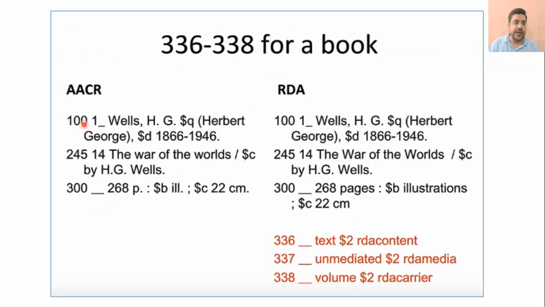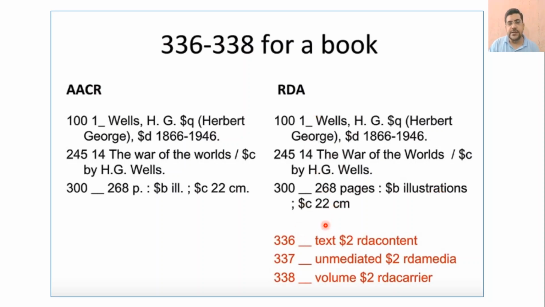Okay, let me tell you, here we have one record according to AACR2. We can see this is the author, and this is the title, and then we have the physical description, 268 pages, and the same thing here, 26 pages, and then title, author, title, and then the physical description.